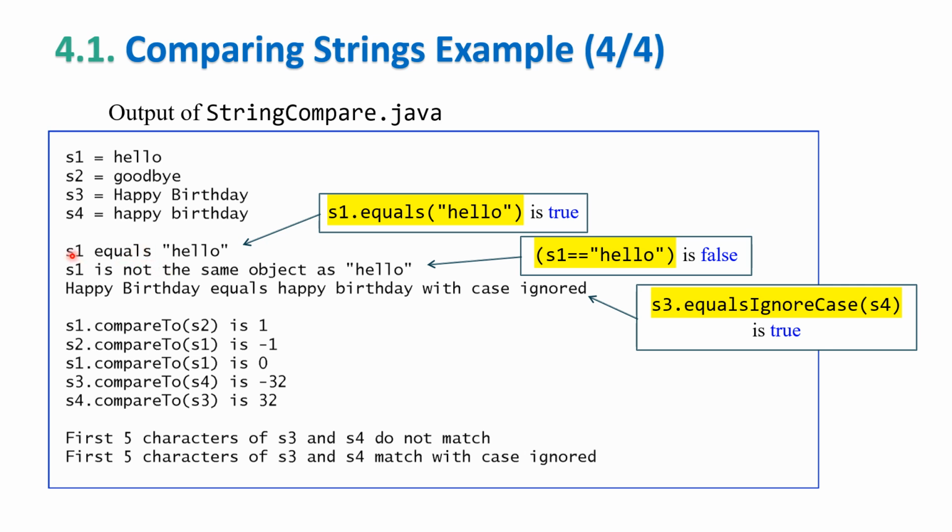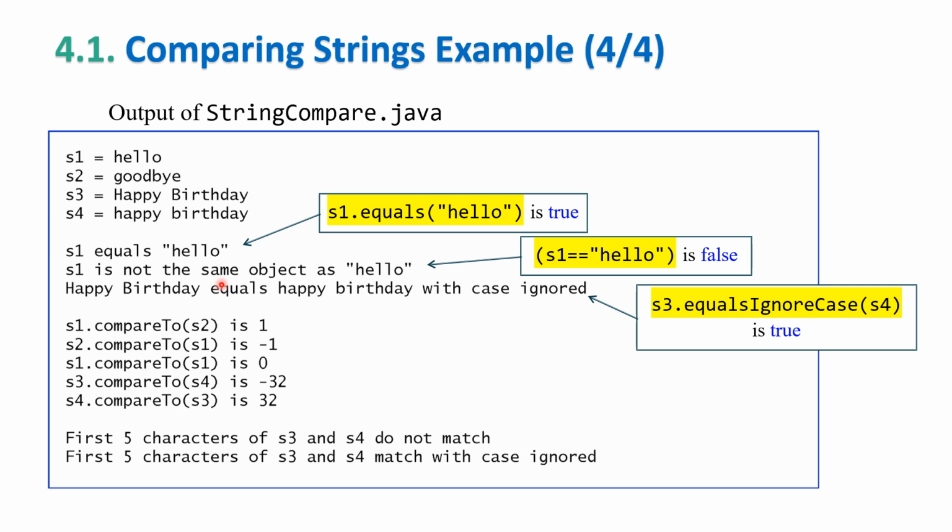The line "S1 equals hello" was displayed because the call S1.equals("hello") returns true. The following line was displayed because the comparison using the equality operator == between S1 and the string literal "hello" is false.